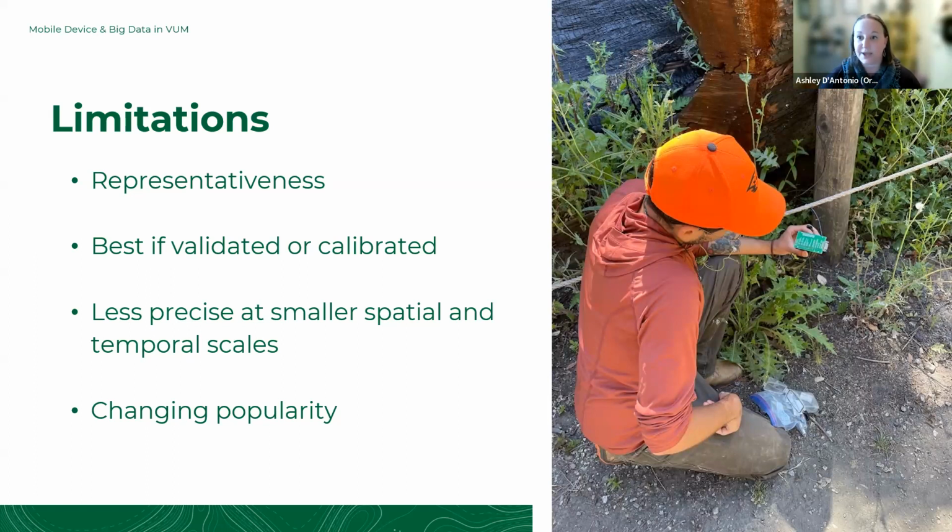As an example, I had a recent study here in Oregon at an area called Black Rock Mountain Biking Area. Mountain biking is in the name. We used Trailforks posts as a proxy for visitor use levels, but we tested that by setting up trail counters at various points on the trail and comparing our trail counter counts to the Trailforks data. We found there was a strong correlation between our trail counter counts and the posts from folks on Trailforks.